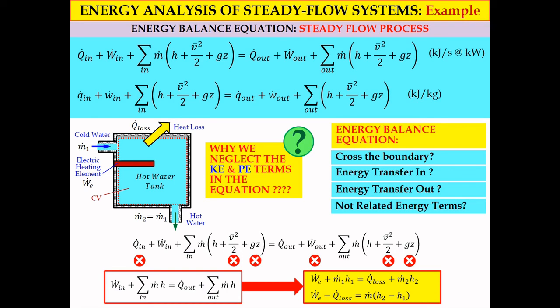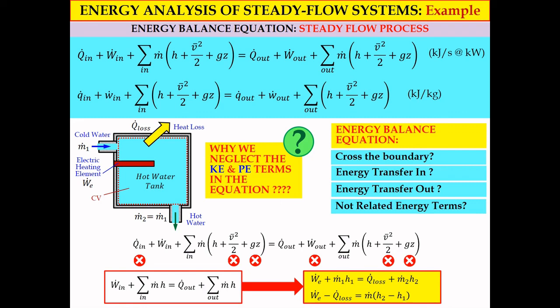Okay, the same goes for the height of the inlet and the height of the outlet. So if you look, we will have a certain value of height for the inlet position and also for the outlet position. So why in this equation or in this analysis do we neglect the term for kinetic energy and also the term for potential energy?